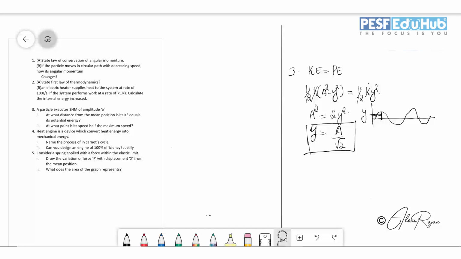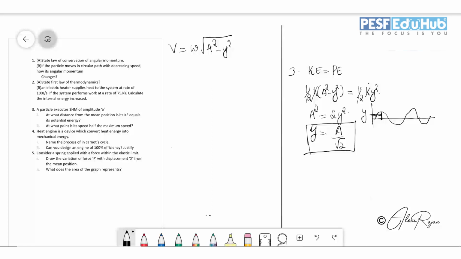So from the simple harmonic motion, you know that velocity is equal to omega root a square minus y square. One plus and minus is there, but we are not dealing with that in this question.